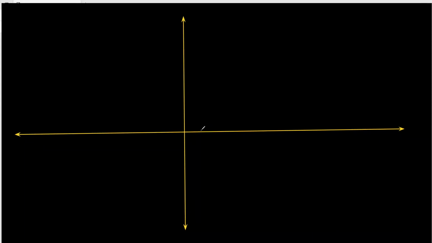Somewhere you will have positive numbers on the right side of the X-axis, and here you have negative numbers. This side you have positive numbers on the Y-axis, and down this side you have negative numbers on the Y-axis.